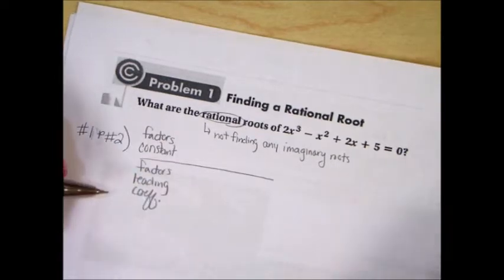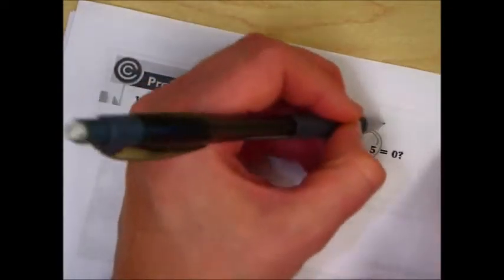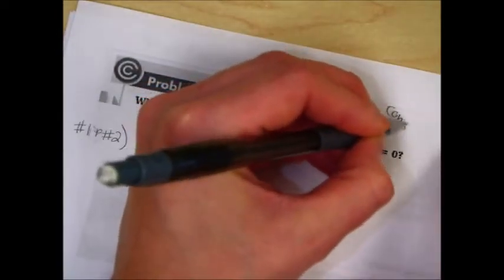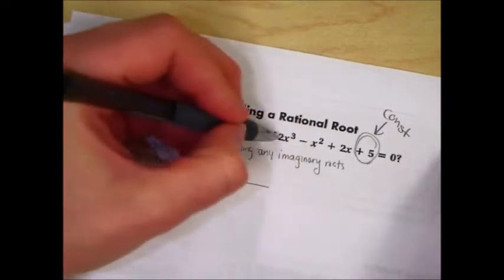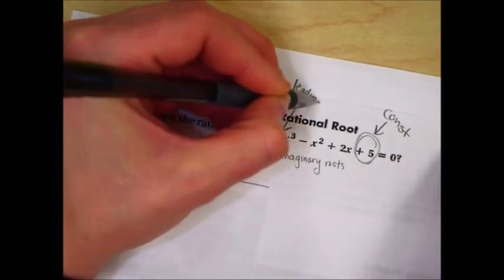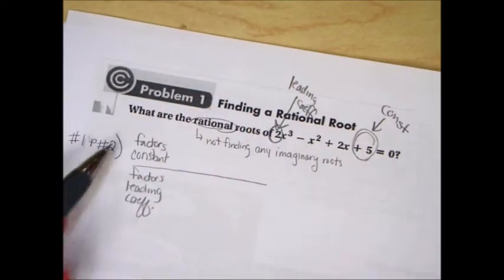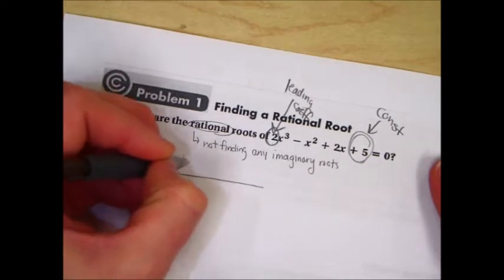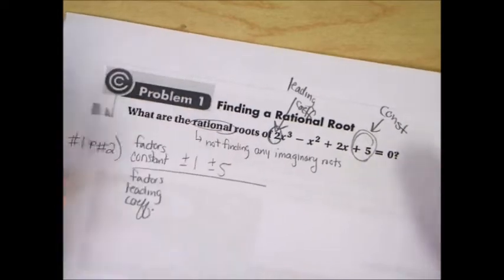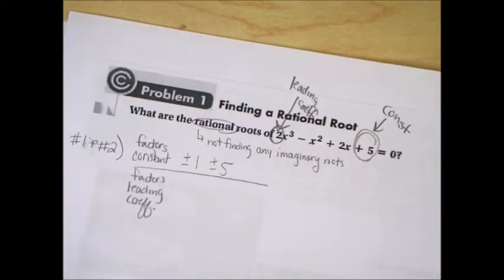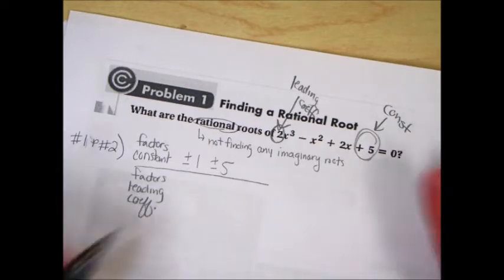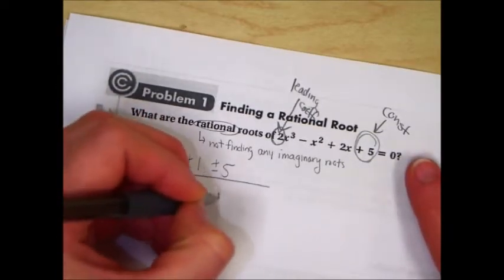The constant is 5. The leading coefficient is a 2. So the factors of the constant are plus and minus 1 and plus and minus 5, because 1 and 5 go into 5. The factors of the leading coefficient are plus and minus 1 and plus and minus 2.